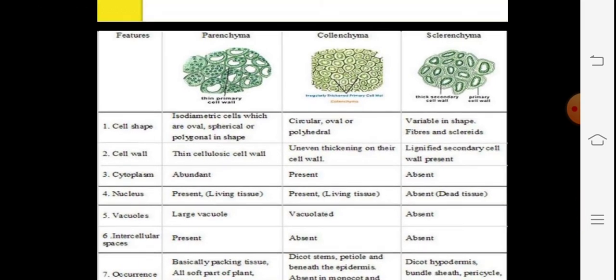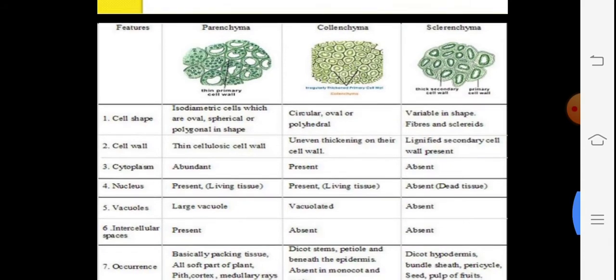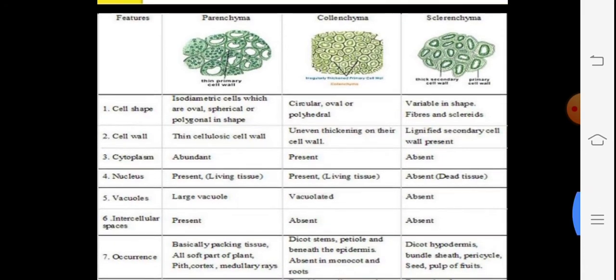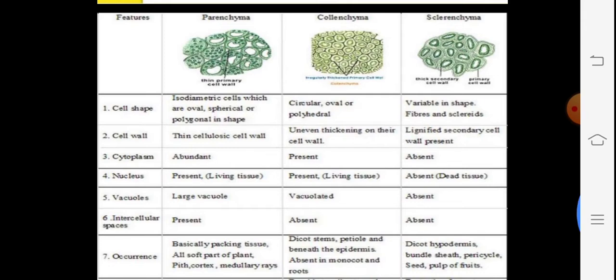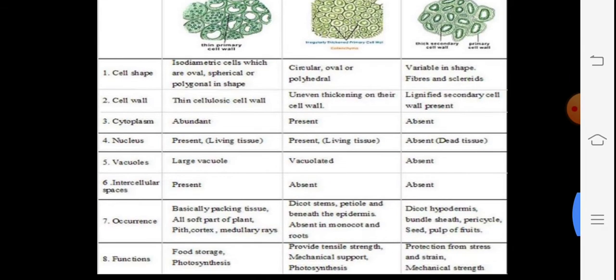Then in short, parenchyma, collenchyma and sclerenchyma. Cell shape: parenchyma shows isodiametric, whereas collenchyma is circular or oval and sclerenchyma is variable in shape and size. Cell wall: firstly in parenchyma thin cellulosic, in collenchyma uneven thickening, and in sclerenchyma double thickening, so it is called lignified.